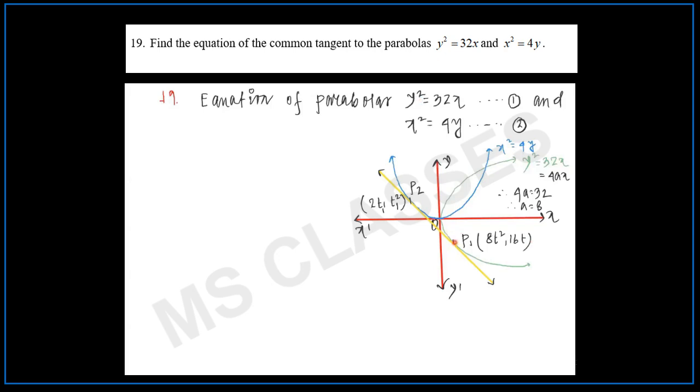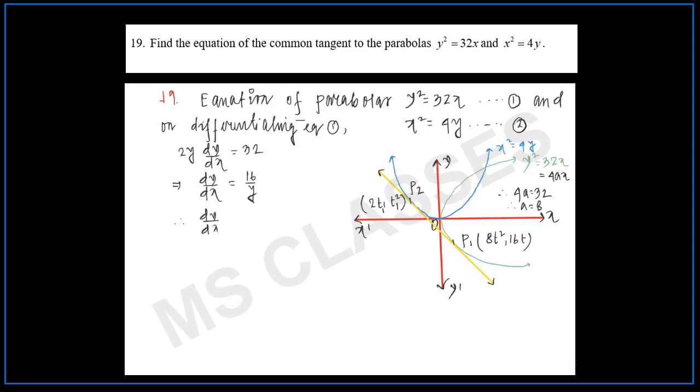So on differentiating equation 1, we get 2y dy/dx equal to 32. Now this gives us dy/dx equal to 16 by y. Therefore, dy/dx at (8t square, 16t) equal to 1 by t. That is the slope of the tangent at this point.